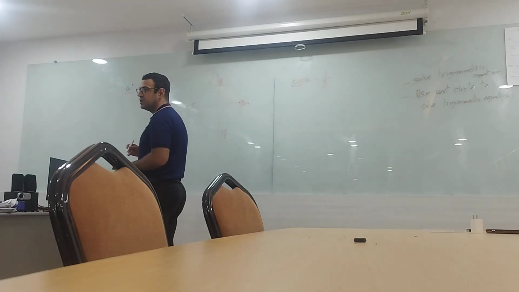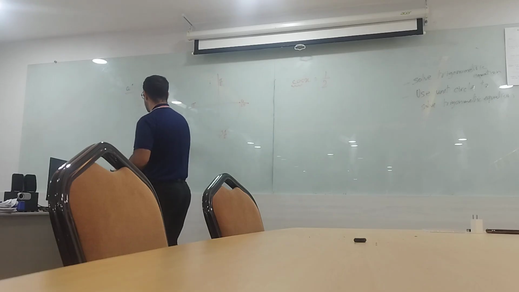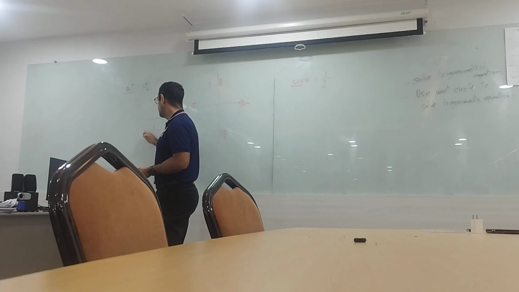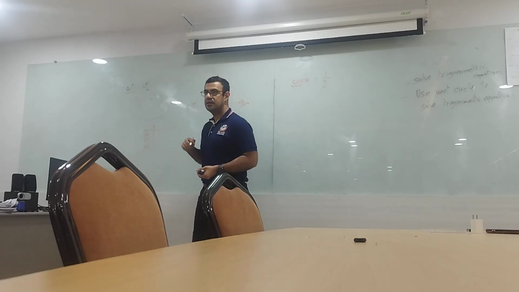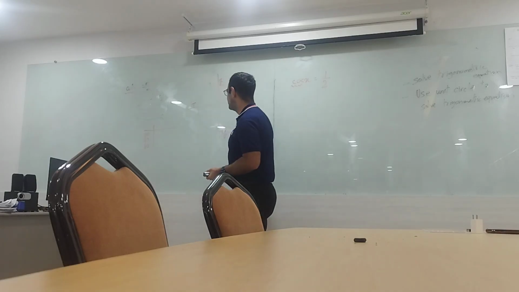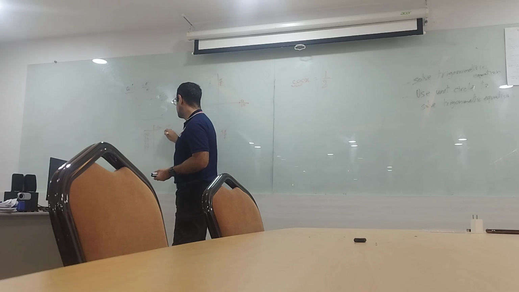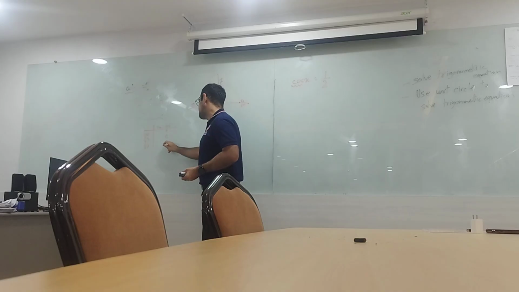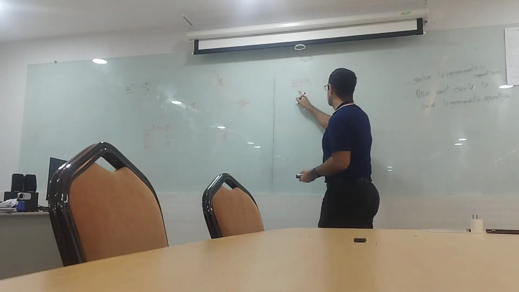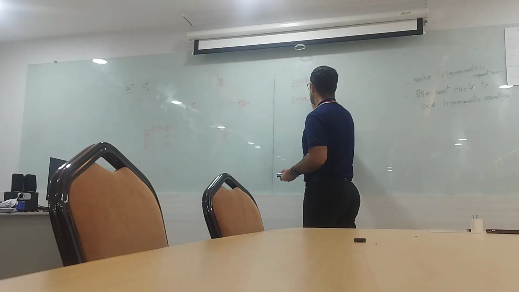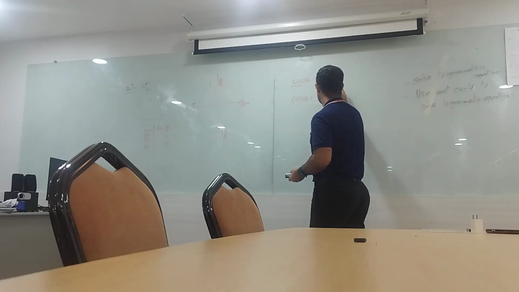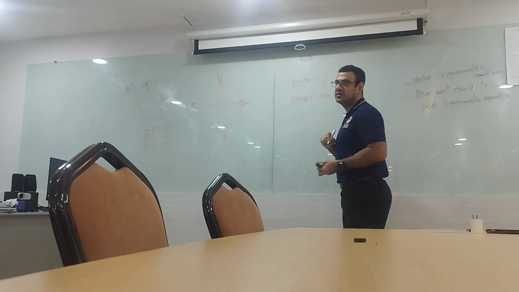Do you remember the table? 30, 45, 60. Cosine 60 is 1 over 2. So cosine x is going to equal cosine 60.